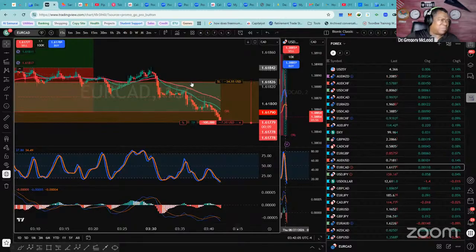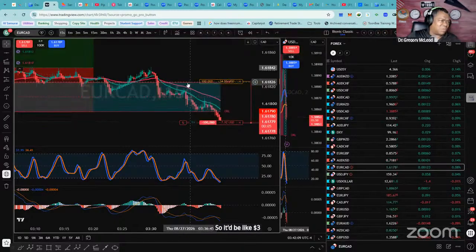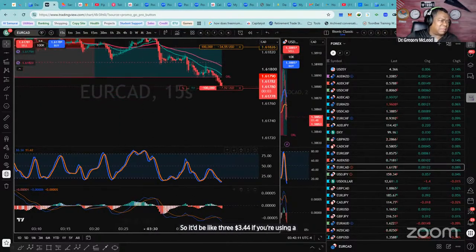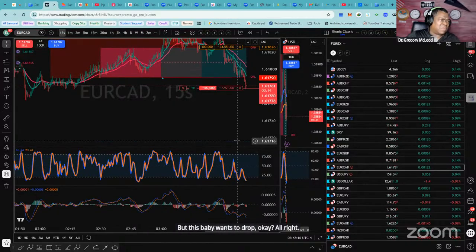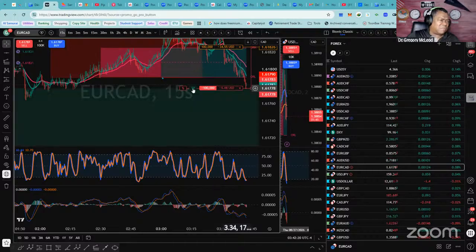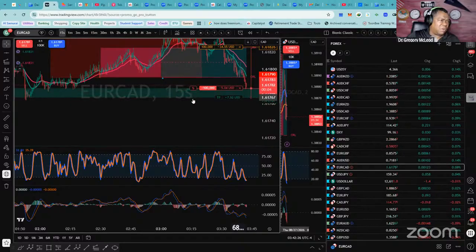Oh, yeah, that's what I'm using, 100K lot. So it'd be like $3.44 if you're using a 10K lot. But this baby wants to drop. Okay. All right. 334, 17, 50 something, right? 68, 84.